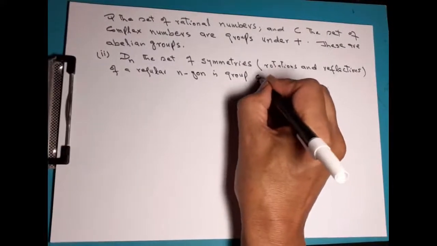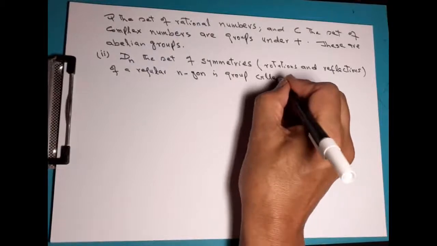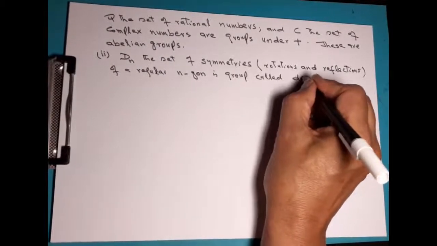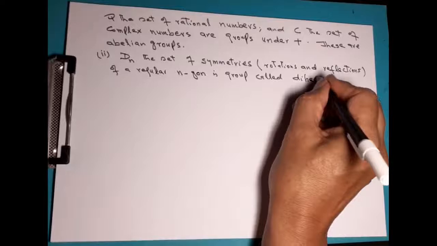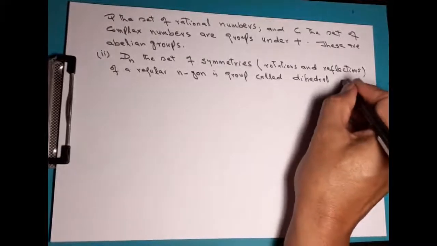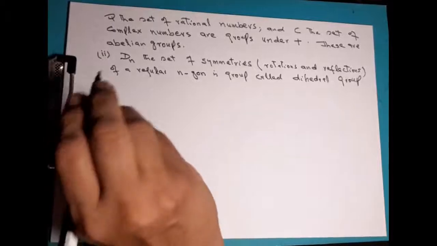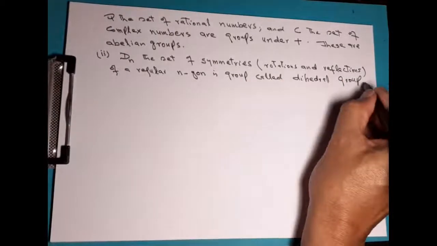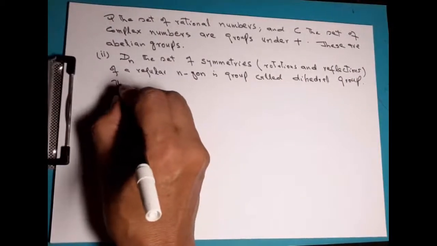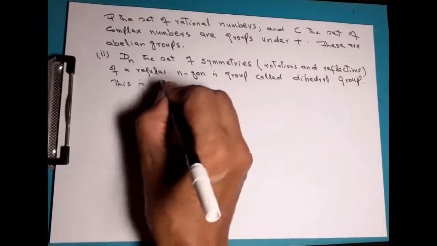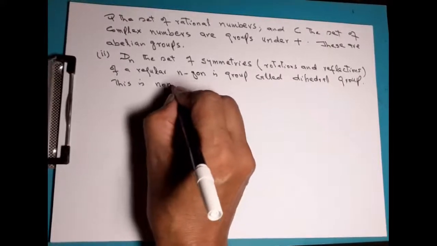This is called the dihedral group. And you know that this is a non-abelian group.